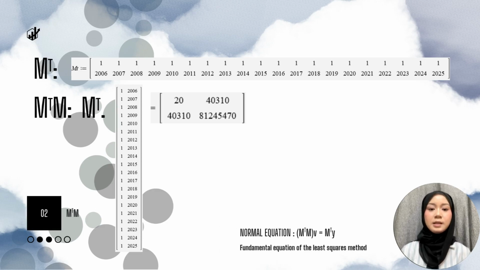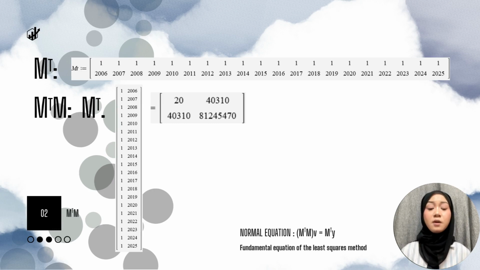In this slide, the transpose matrix denoted by MT is obtained from matrix M by converting its rows into columns. This step is important because the least squares method uses the normal equation MTM times V equals MT times Y. Next, MT is multiplied by M to obtain the matrix MTM.